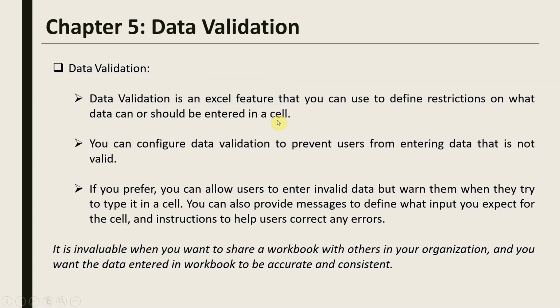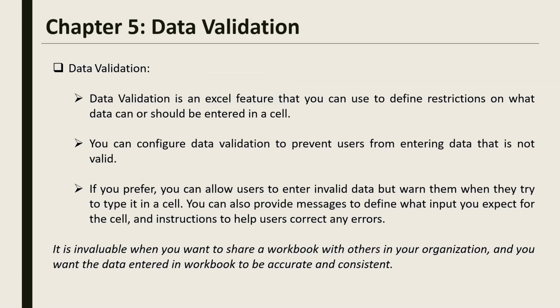Hello friends, welcome again. In this chapter we will discuss data validation. Data validation is an Excel feature that is used to define restrictions on what data can or should be entered in the cell. You can configure data validation to prevent users from entering data that is not valid.